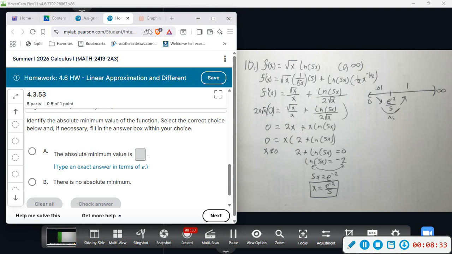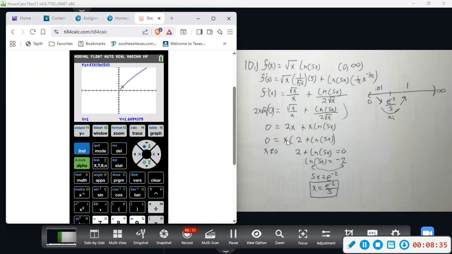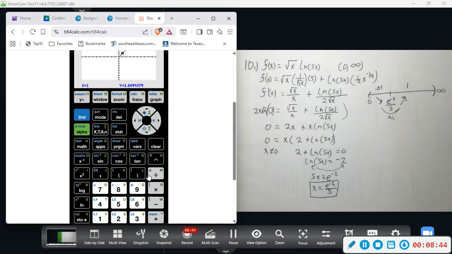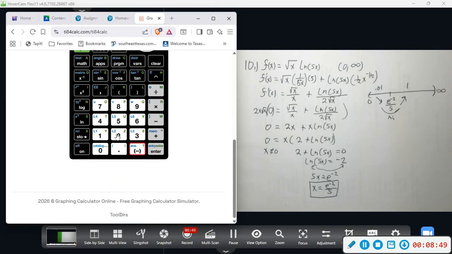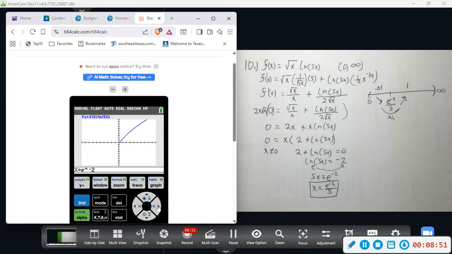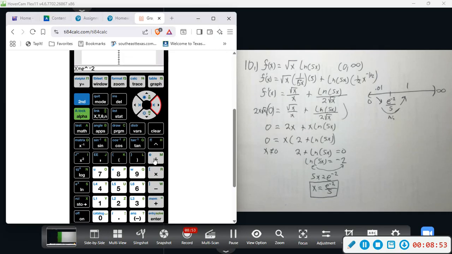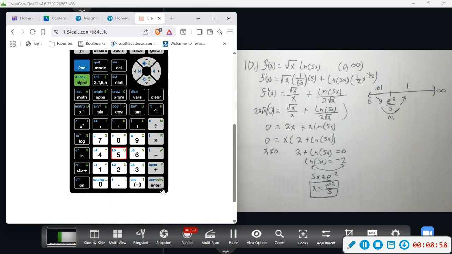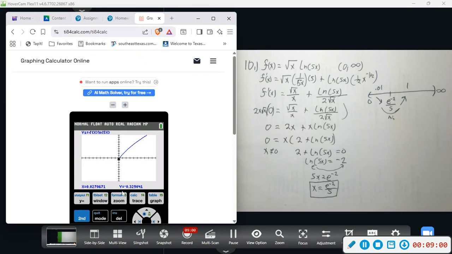It wants us to type the exact answer, so this is not one. Normally I would just plug it into the calculator, and you can see what it would give us, but they want the exact answer in terms of e. So even if I were to type in this value to this function, which will be e raised to the negative second power divided by 5, that gives me about 0.329.